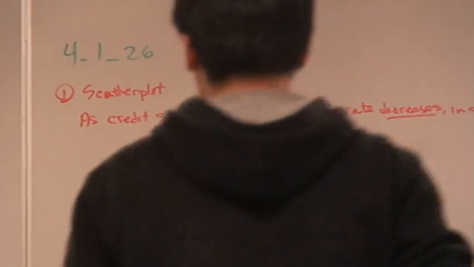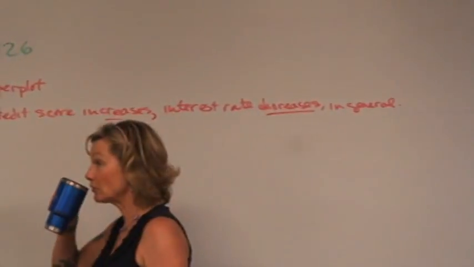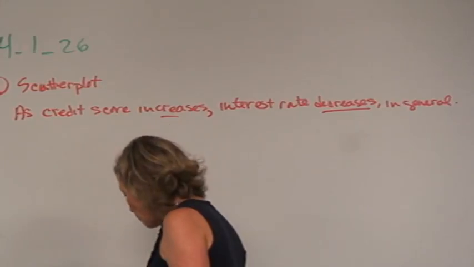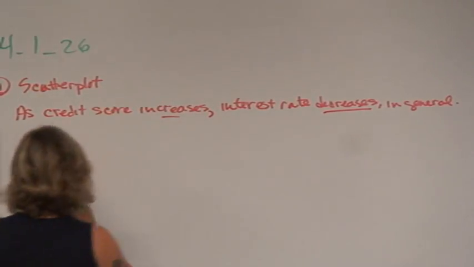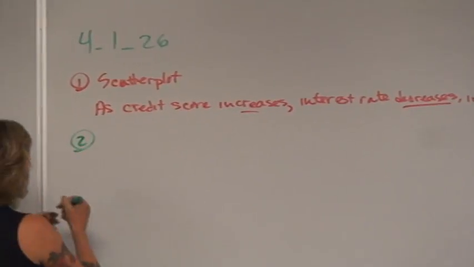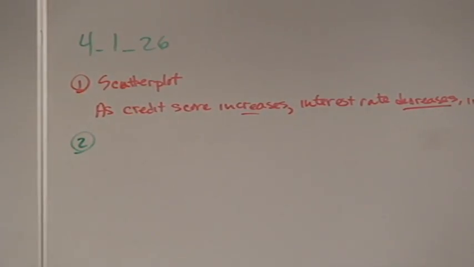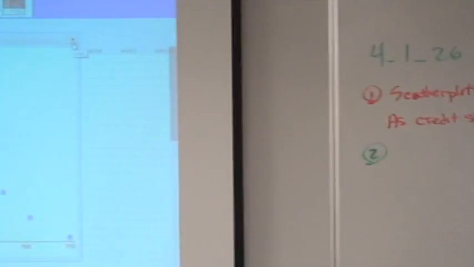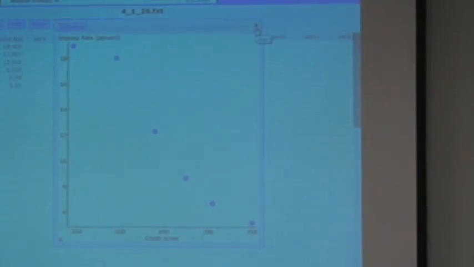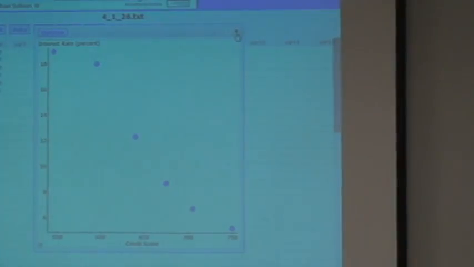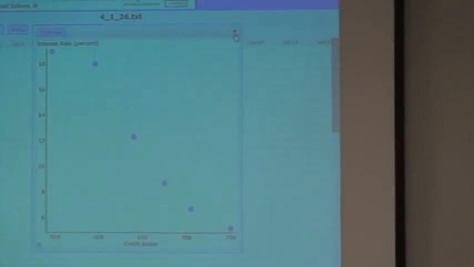Okay, next is our R value. So step 2: we see a nice linear pattern here. Let's go on and get an R value. Do you have a guess at what the R value is going to be, given how nice and lined up that data is?